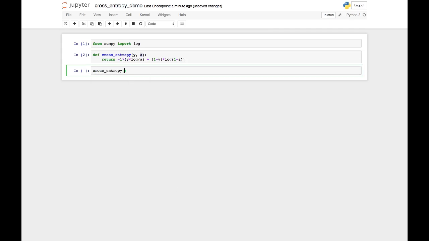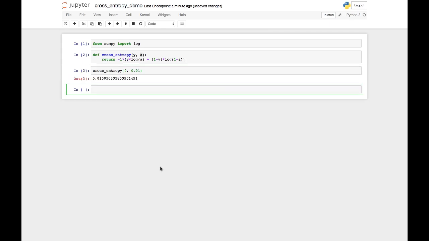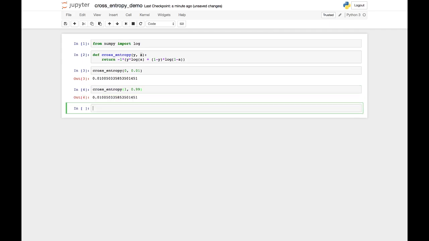So if the true value of y is 0 and our output from the neuron is quite close to that, like 0.01, then the cost is quite small. Similarly, if the true value is quite high and the value output is quite high, then cost is also quite a small number.